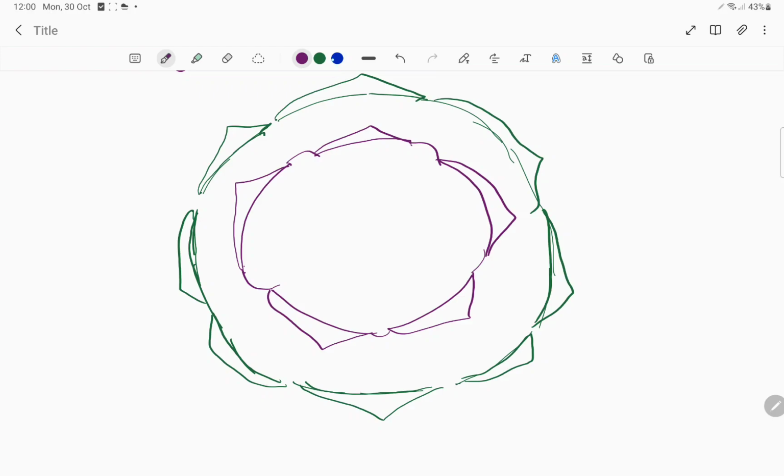And we have the petals, which are twisted, in an order.